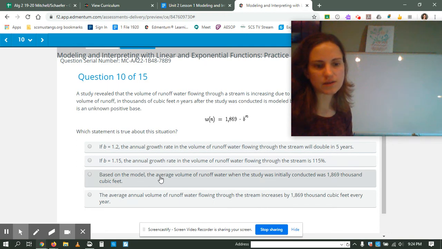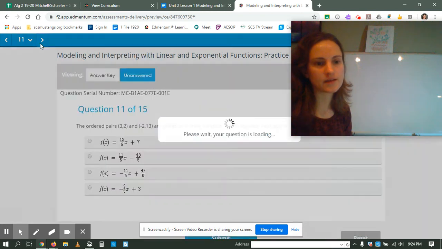Based on the model, the average volume of runoff water when the study was initially conducted was 1,869,000 cubic feet. Yeah, that's what it is. Like whenever everything started, remember that A value, A times 1 plus R to the T or N or X. This is our initial value. So that's the statement that we know for sure 100% is true based on this situation.